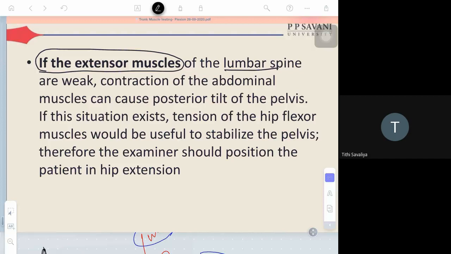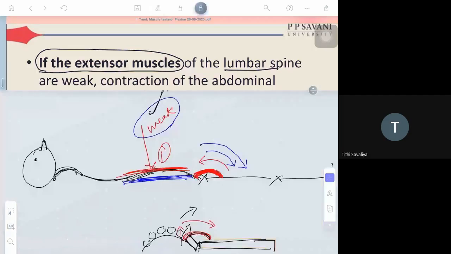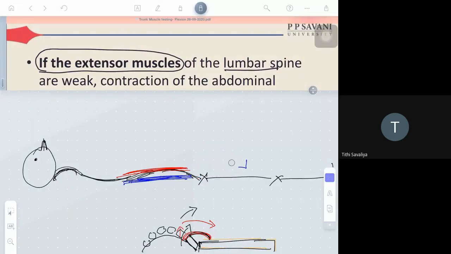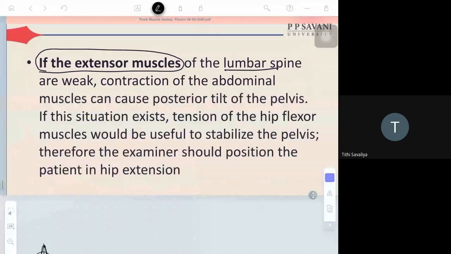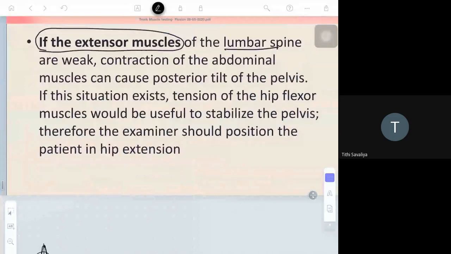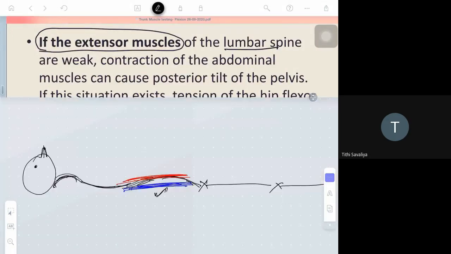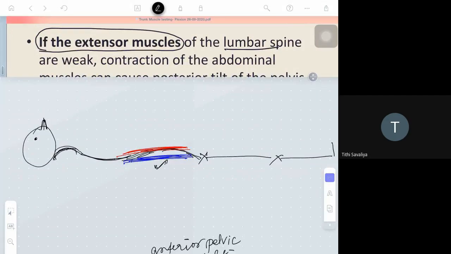If the extensor muscles of the lumbar spine are weak, that is this muscle, contraction of the abdominal muscle can cause posterior tilt of the pelvis.